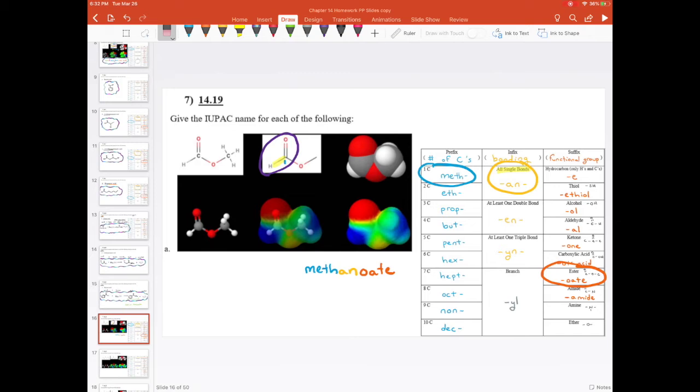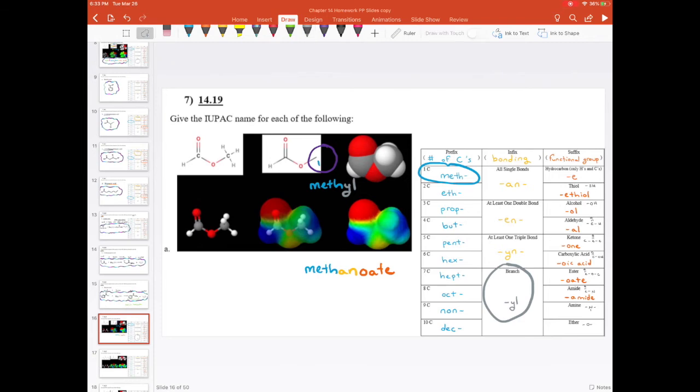That takes care of the backbone. Now, let's think about the branch. The branch is on the other side of the oxygen. That would be this right here. In that branch, we have one carbon. The prefix for one carbon is meth. So the prefix for that branch would be meth. And because it's being named as a branch, immediately after that prefix comes YL.